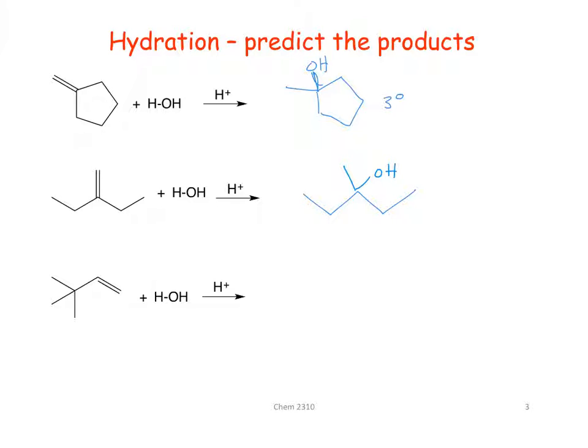Okay, what about the next one? What if I said that we get this is the product? Right? We know how that forms, right? Remember that this, let's redo that. We'll just protonate with the acid over here.